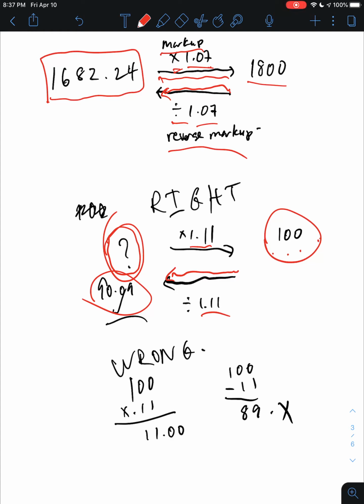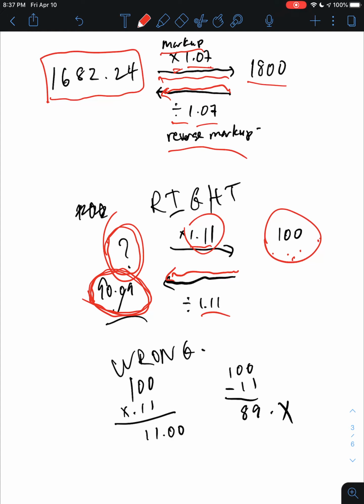So if I go into a store with $100 in my pocket, and I know that I'm going to pay 11% in sales tax, then that means the highest price tag I can purchase is $90.09, and that will lead to a final cost at the till, including tax, of $100 or less.